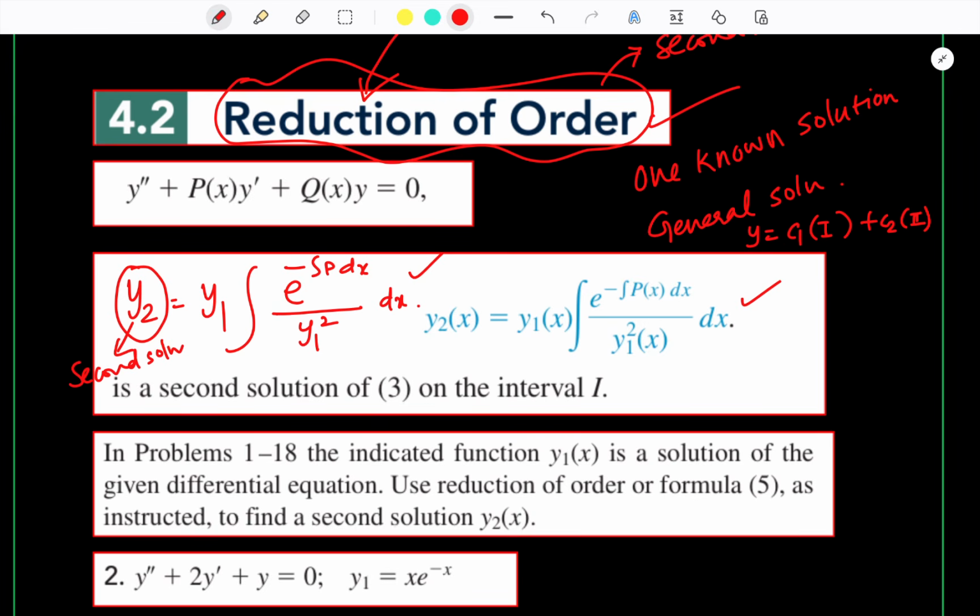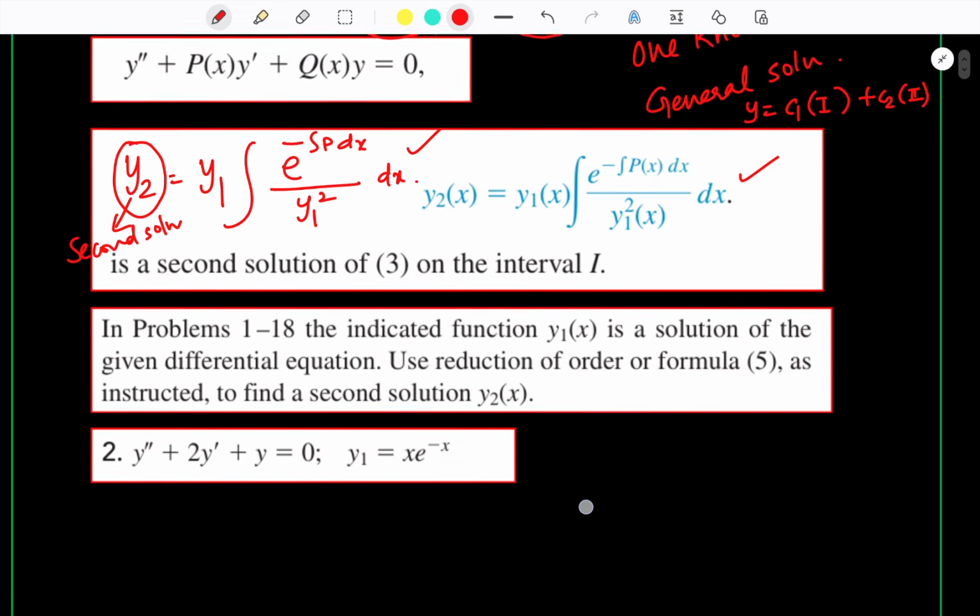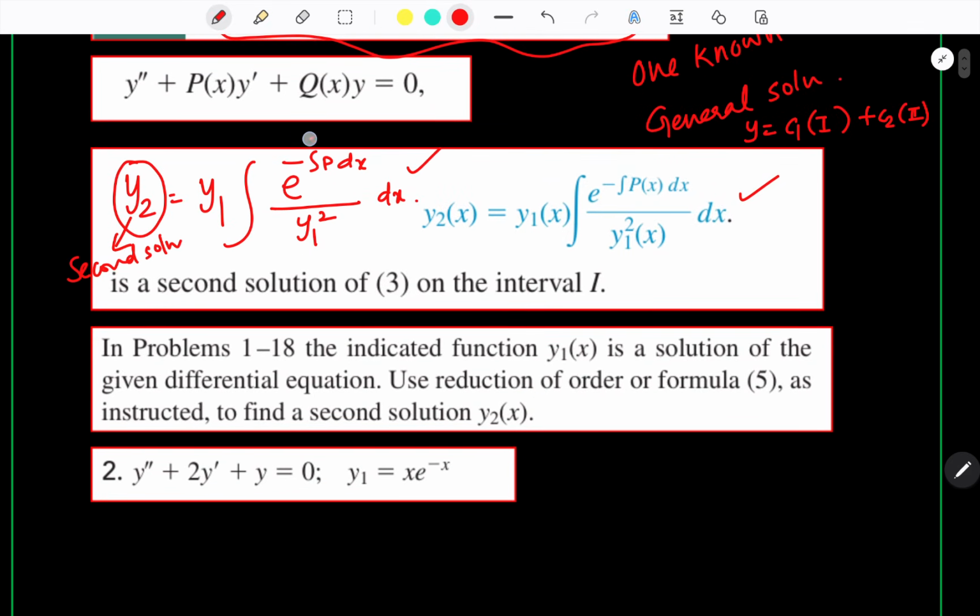Based on this formula, I'm going to give you three important ideas where you people will make careless mistakes in the exam. The first mistake is, look at this solution. It's something like e power integral p dx. Have you seen that? We already saw this somewhere, right?